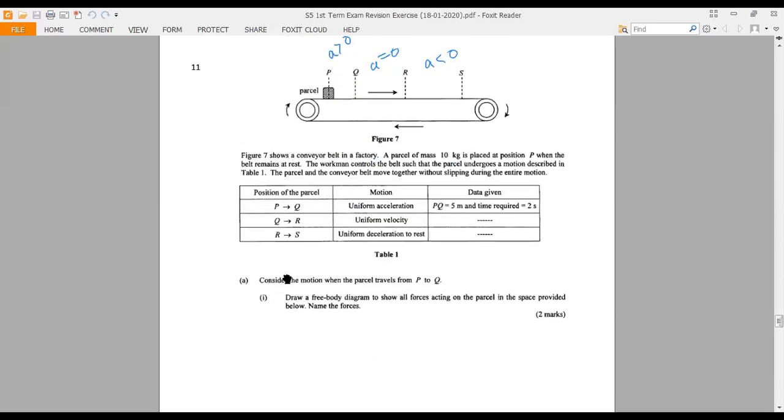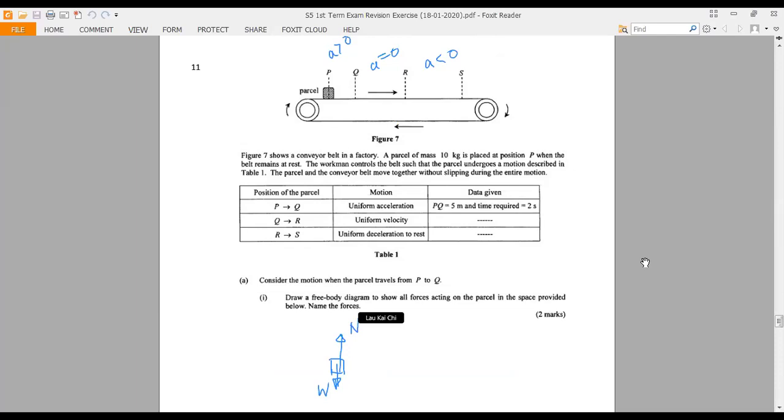Now, for the free-body diagram, you will just have a look at the parcel. For this parcel, there are some forces acting on it, including the first one, the weight. The second one, it is in touch with the belt, so that's why there would be a normal force upward.